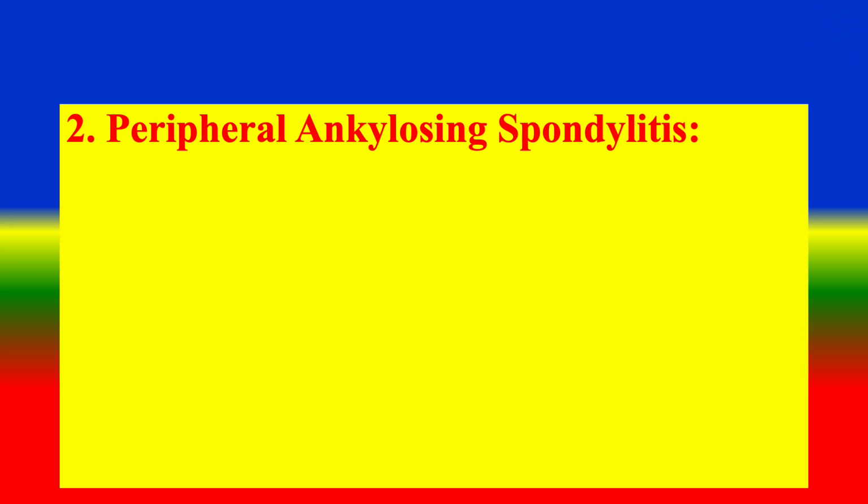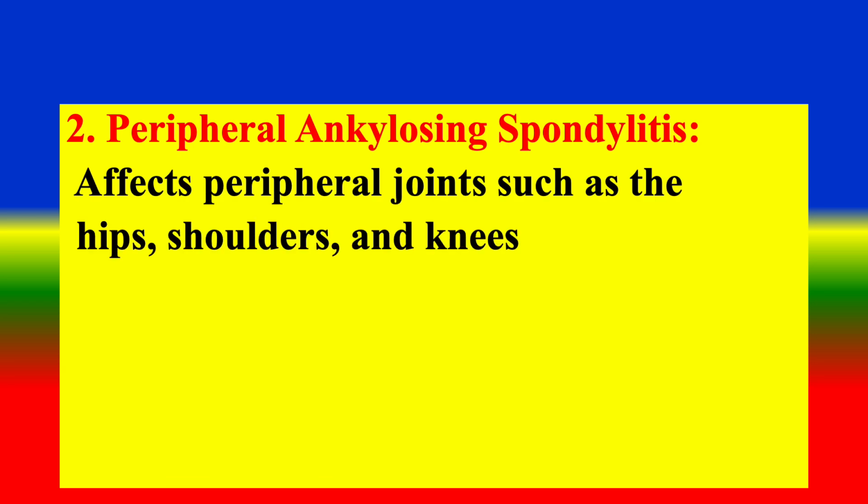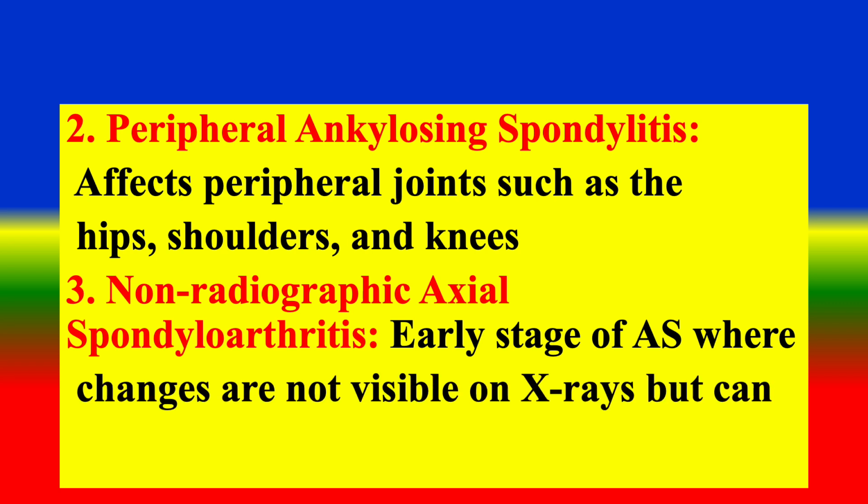Peripheral ankylosing spondylitis affects peripheral joints such as the hips, shoulders, and knees. 3. Non-radiographic axial spondyloarthritis, an early stage of AS where changes are not visible on X-rays but can be detected via MRI.